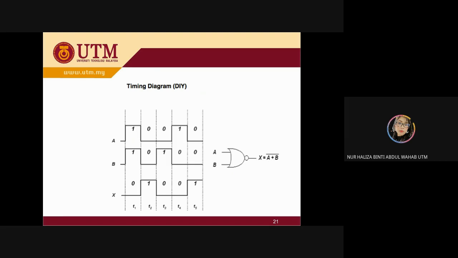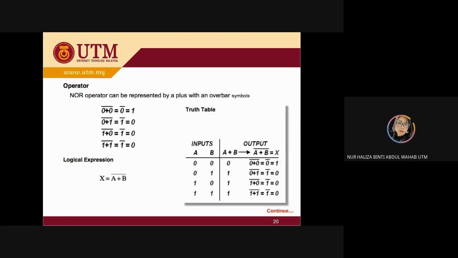Now we take a look at the timing diagram. This part is very easy. You can try 1 1, you get 0. Okay. You're going to get only 1 for 0 0, right? See? You will get 1 if you have the condition of 0 0. The rest you will get 0.